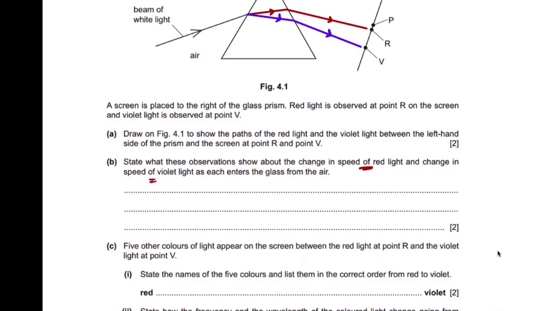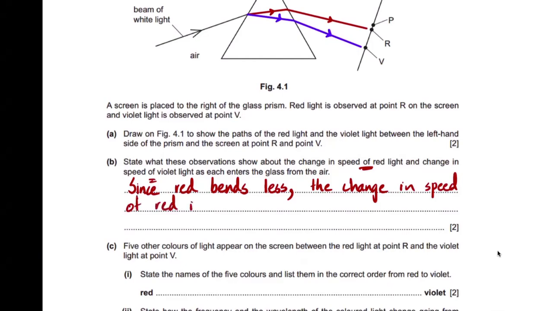So we would say that since red bends less, the change in speed of red is less as compared to violet.